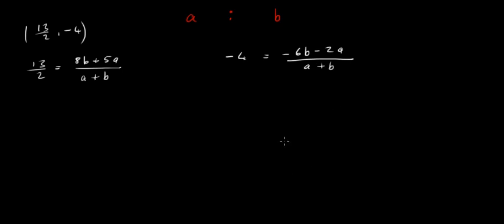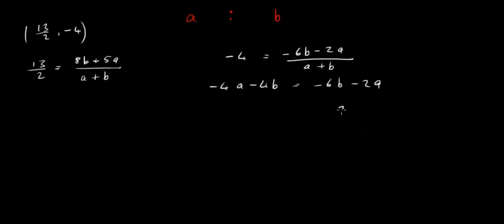So what you could do is just multiply these out and do some kind of simultaneous equations to work out a and b. However, if you look at this part here, if you multiply across here by a plus b, you get minus 4a minus 4b is equal to minus 6b minus 2a. Let's see, that will give me, add 4a to both sides.